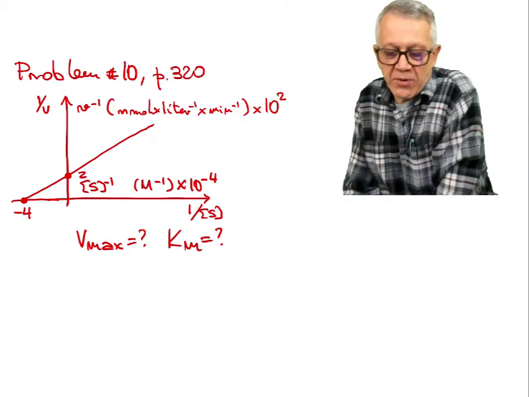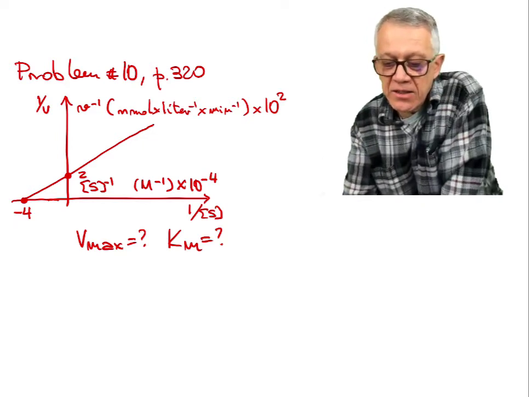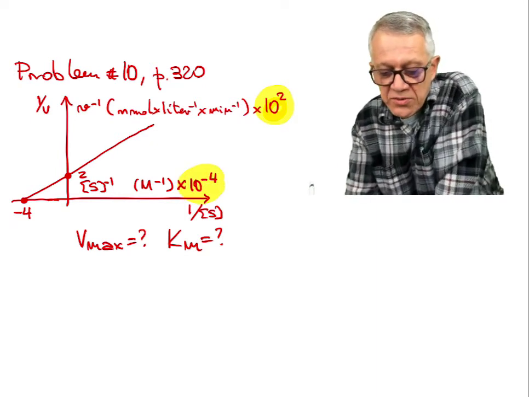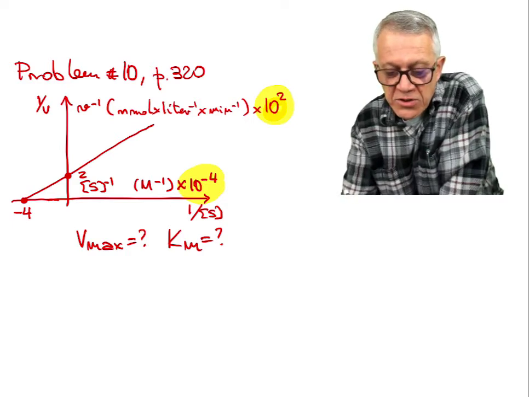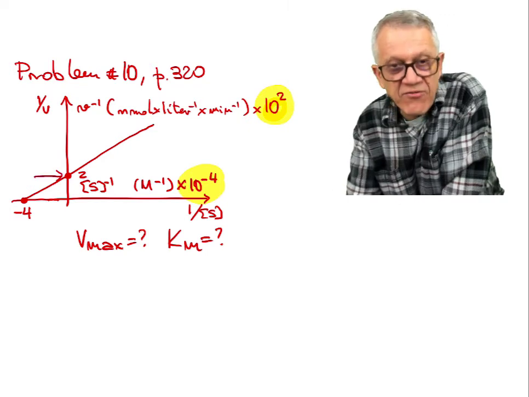So this is a simple problem. The only thing that you have to keep in mind is that these units are already multiplied by this factor here, so you have to take that into consideration. We know from our studies that this number that appears here is related to the Vmax.